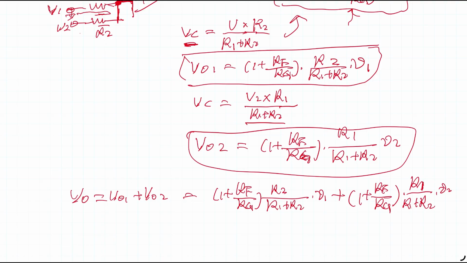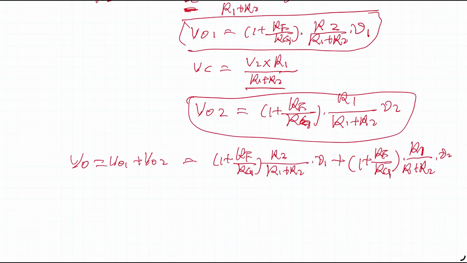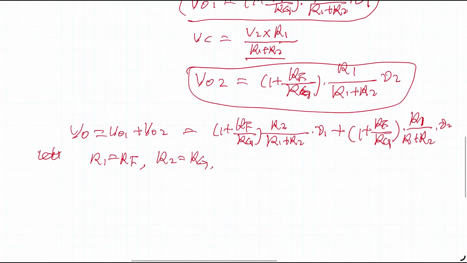Okay, it's very long, it sounds complicated, very long equations, but for a special case, let's assume R1 equals RF and R2 equals RG. We can take these values and simplify the equations.